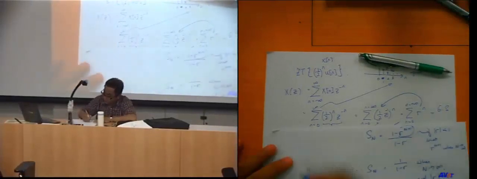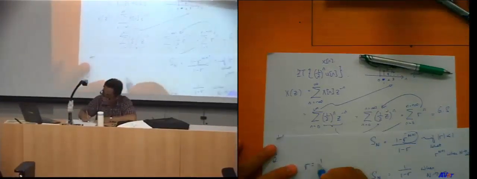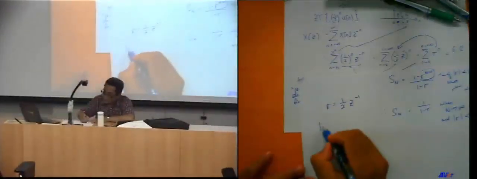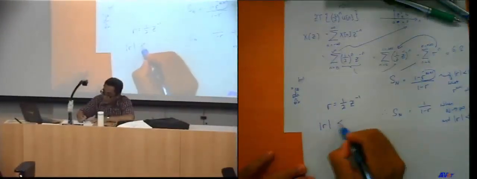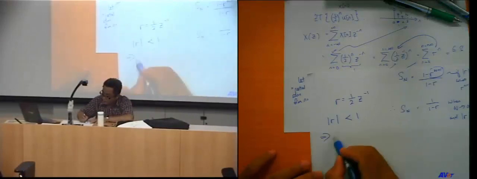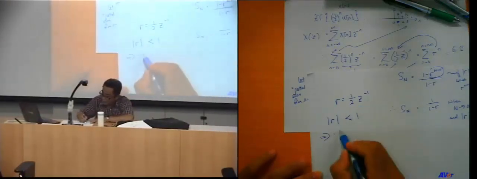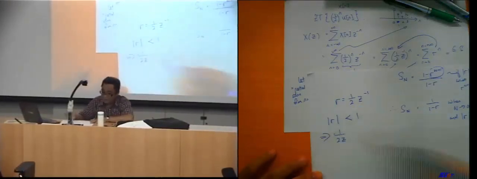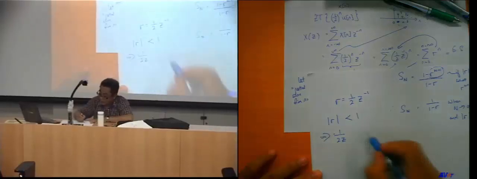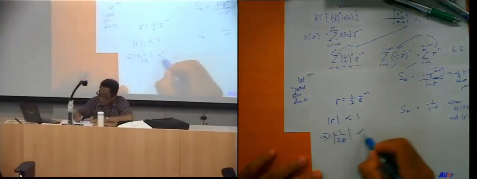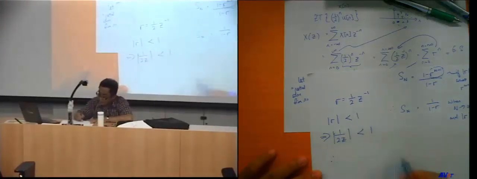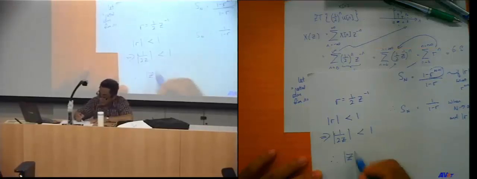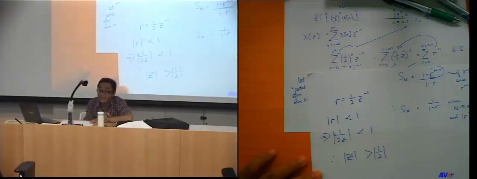Okay, so R equals half Z minus 1. The absolute value of R is less than 1, which means 1 over 2Z must be less than 1, implying Z must be... agree?